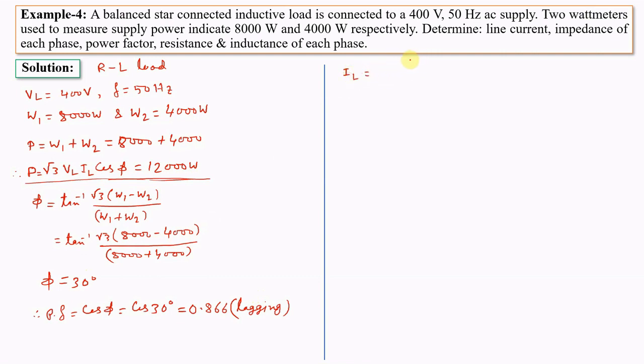So it can be written as 12,000, that is the active power, upon root 3 into VL, it is 400, into cos phi, and we have already calculated the value of power factor, that is 0.866. So after solving, the value of IL we will get is 20 ampere.